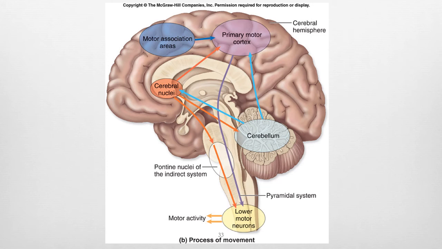We're going to influence all of those particular areas, and then eventually primary motor cortex is going to fire off, and our upper motor neuron is going to send its information on down, and the lower motor neuron down in the cord or the brainstem is then going to send its information out to the specific muscle that is going to be influenced.